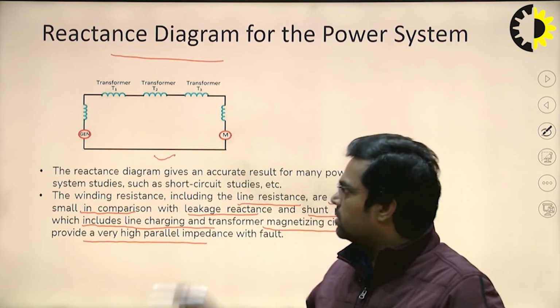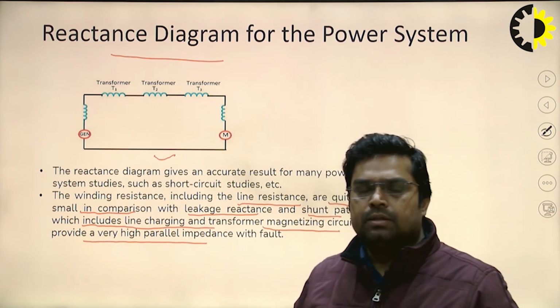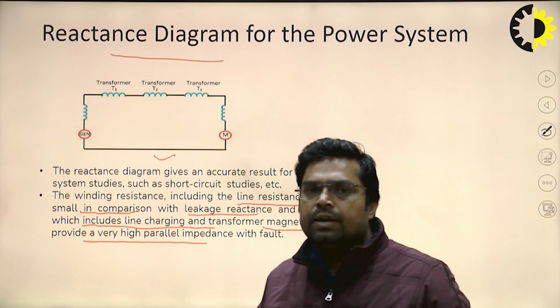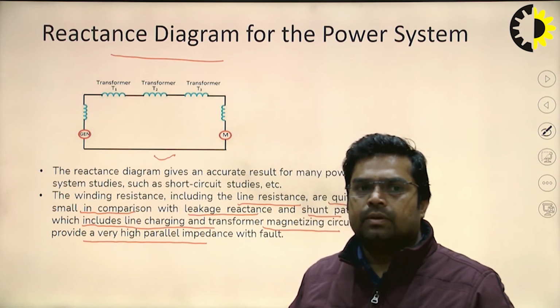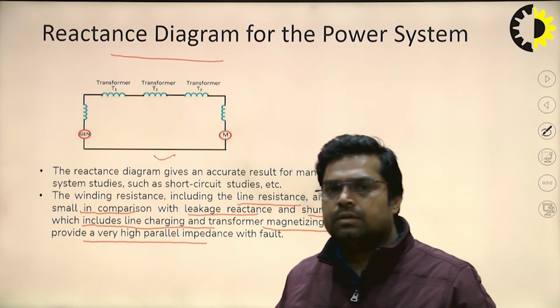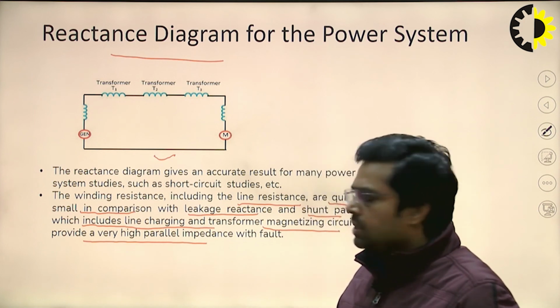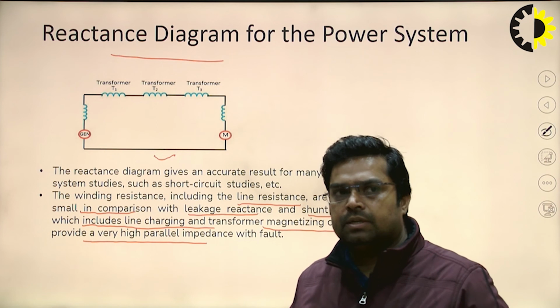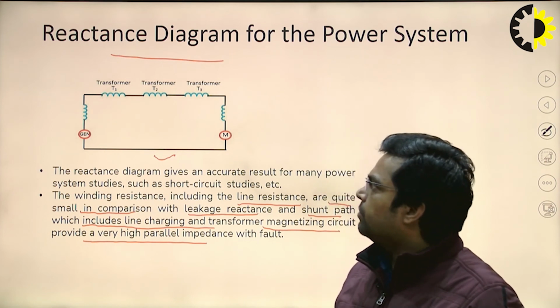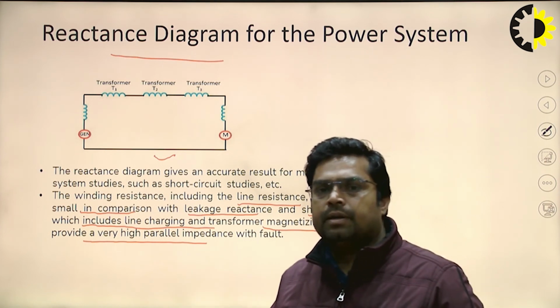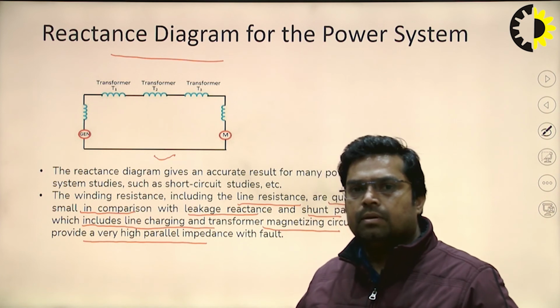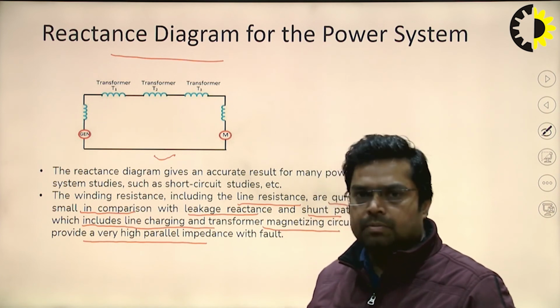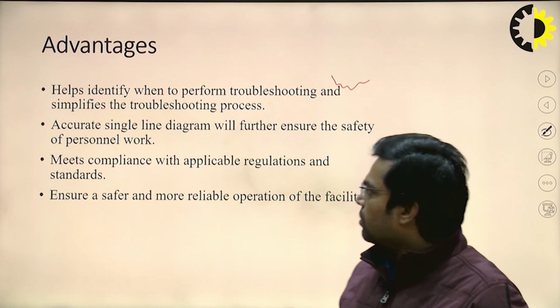So this is the reactance diagram, and it gives very accurate results in many short circuit studies and various other kinds of studies. That's why we can draw the reactance diagram and impedance diagram from any simple single line diagram of the power system.